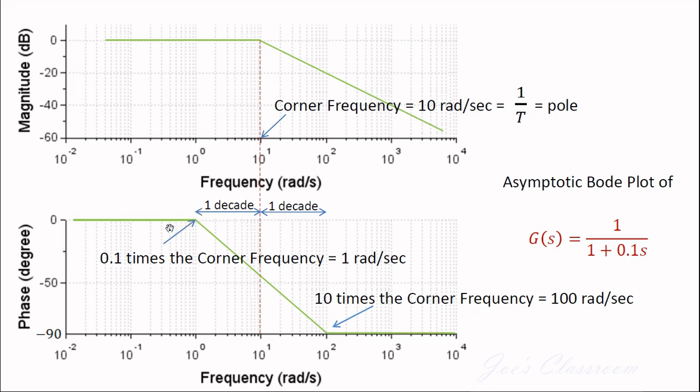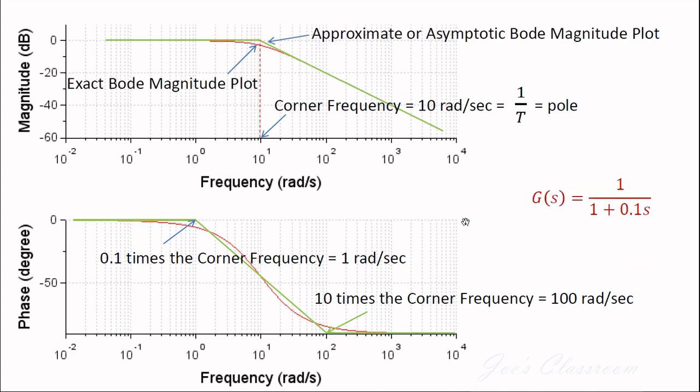Before the corner frequency, the slope change occurs at 0.1 times the corner frequency. For example, in our case, the corner frequency is 10 radians per second, so 0.1 into 10 is 1 radian per second. In the same way, the other change, on the other side of the corner frequency, occurs at 10 times the corner frequency, in this case 100 radians per second.